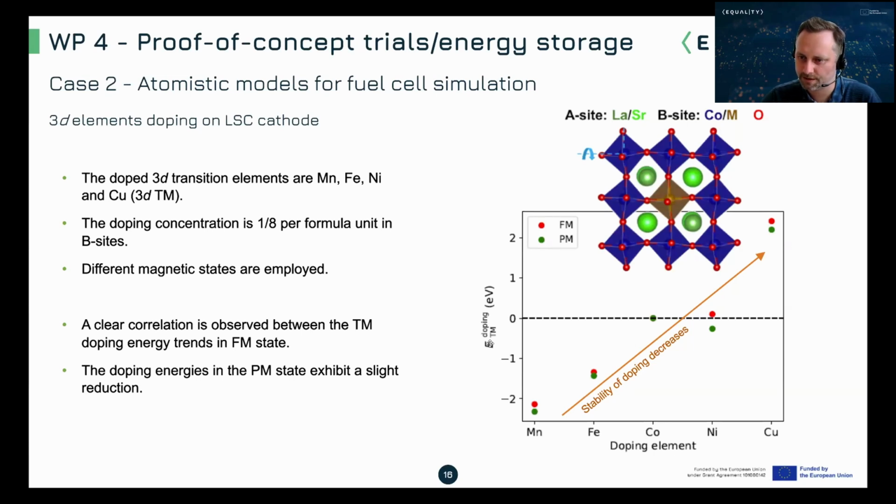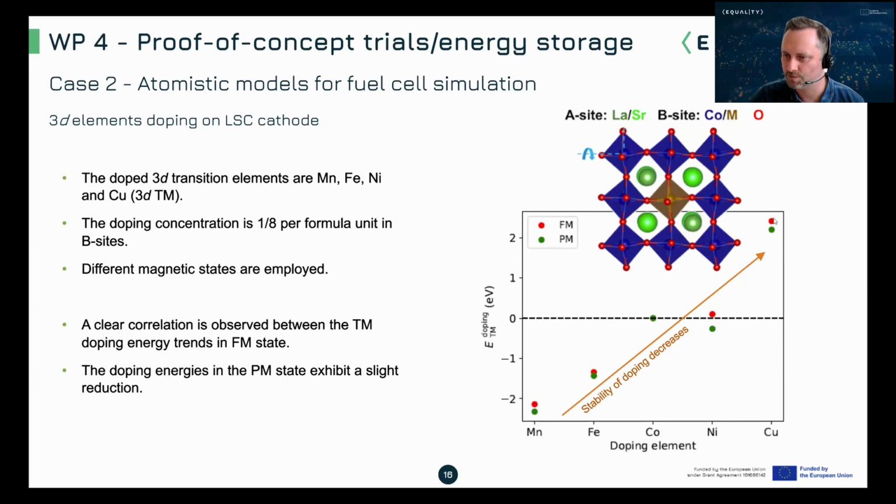By looking at the doping energy for the different elements, we see there is a trend, going from manganese to copper. The doping energies in the paramagnetic states exhibit a slight reduction, so all the blue balls are a little bit lower than the red ones.